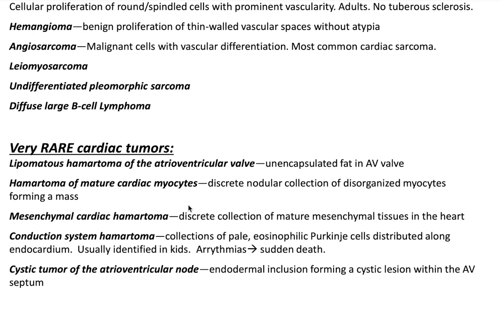Mesenchymal cardiac hamartoma is discrete collections of mature mesenchymal tissues in the heart. Conduction system hamartoma has collections of pale eosinophilic Purkinje cells distributed along the endocardium, usually identified in kids. You have arrhythmias leading to sudden death. Cystic tumor of the AV node has endodermal inclusions forming a cystic lesion within the AV septum.